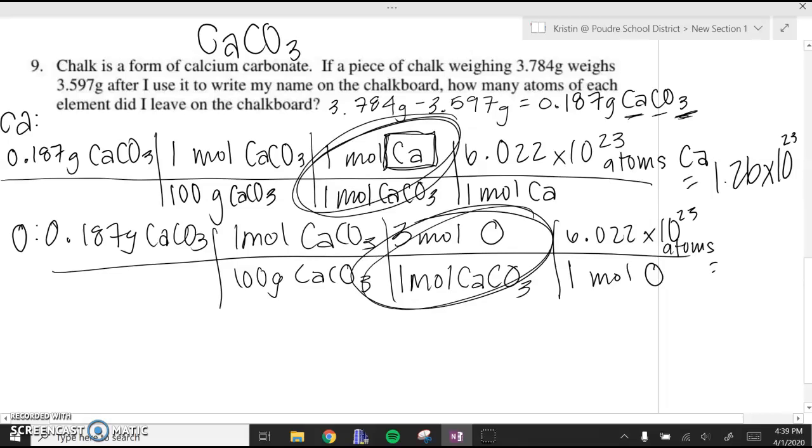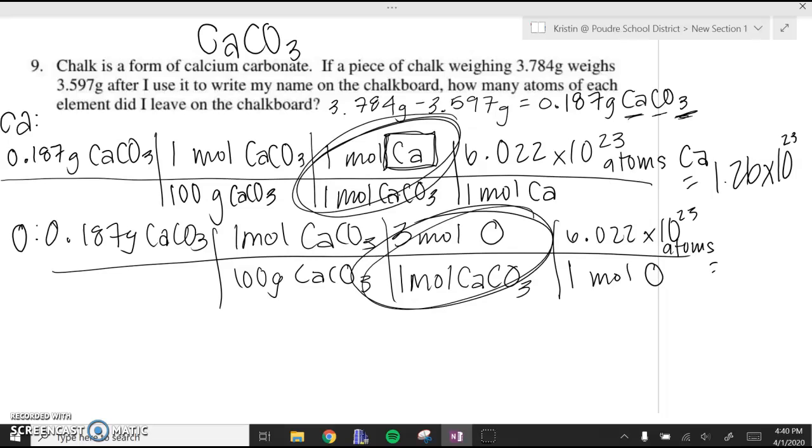And so hopefully that clears up some of the confusion around this problem. The answer for carbon is actually going to be the same as calcium because it also has that 1-to-1 mole ratio in the middle. It starts the same and ends the same as the other two.